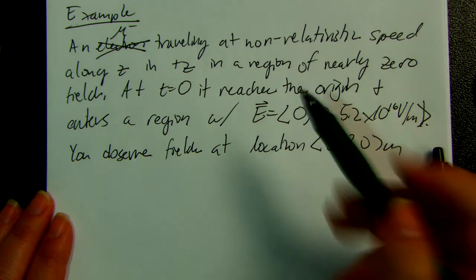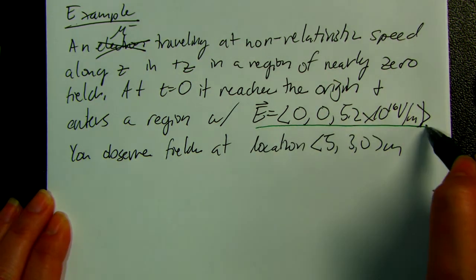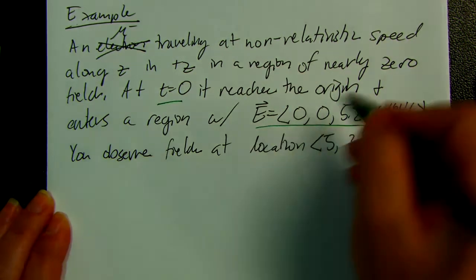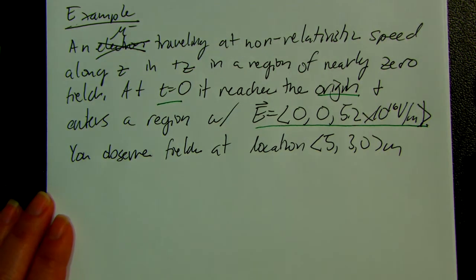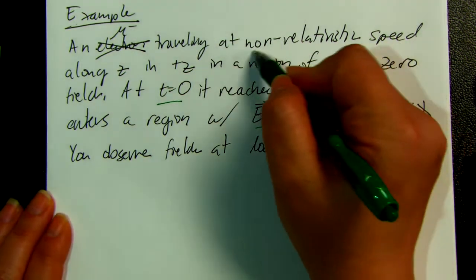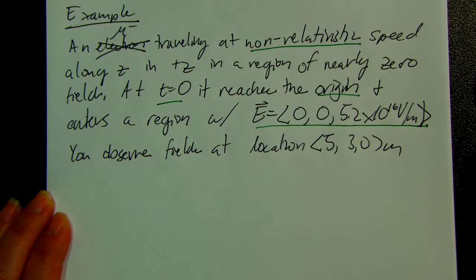So here is the electric field. We know that we're going to start our time when it enters the origin. And please note, this is traveling at a non-relativistic speed. Charged particles are going to travel at whatever speeds they're going to travel at. Sometimes it's relativistic and sometimes it's not.